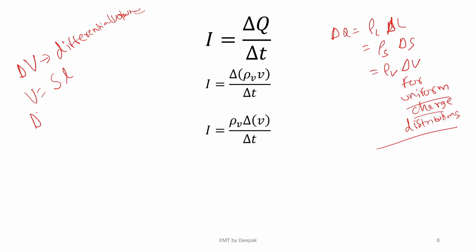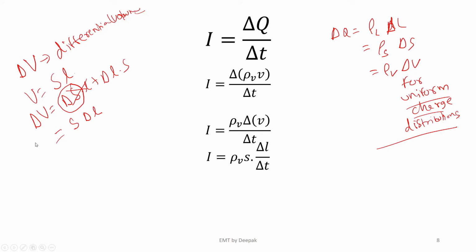The change in volume would be change in the cross-sectional area times length plus change in the length times cross-sectional area. But we have assumed that the change in cross-sectional area is 0 because the cross-sectional area was assumed constant, and this product is 0. So del V can be written as S times del L.